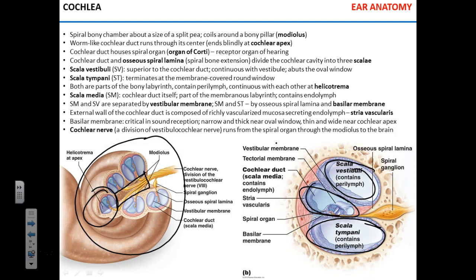This is the cochlear duct, or scala media. Inside of the cochlear duct, you will find the so-called organ of Corti. Okay? That organ of Corti, the spiral organ, is the structure immediately responsible for sensing the sound, for transducing the mechanical vibrations, which sound is, into nerve impulses. Okay? Does that make sense?